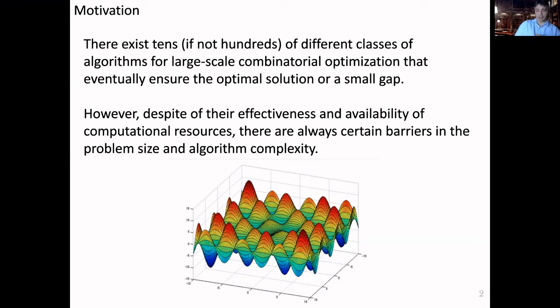But despite their effectiveness and the availability of computational resources and parallelization methods, there are always certain barriers in the problem size and the algorithm complexity, which is especially sensitive if not much is known about the instance structure or a special case of the problem that we solve.